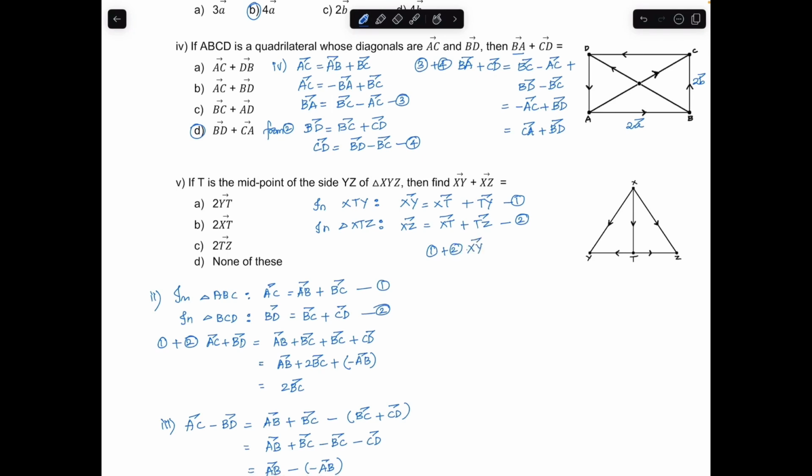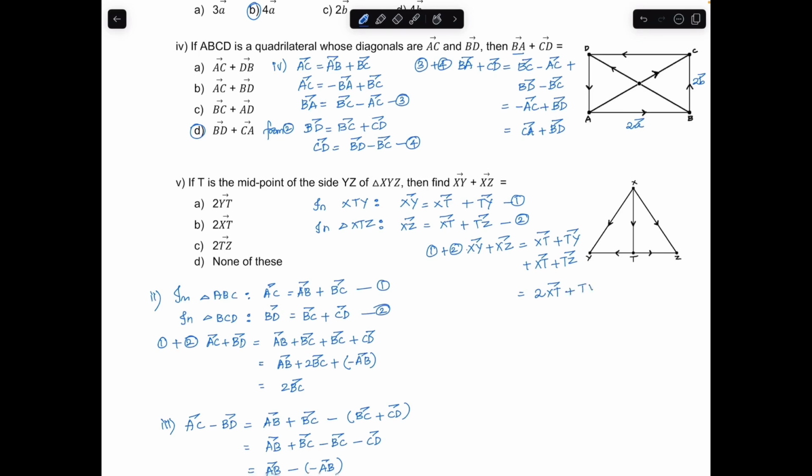XY vector plus XZ vector is equal to XT vector plus TY vector plus XT vector plus TZ vector. So we get 2XT vector plus TY plus TZ. Now these two, TY and TZ, are equal in magnitude because T is the midpoint of YZ, but TY and TZ are opposite in direction.